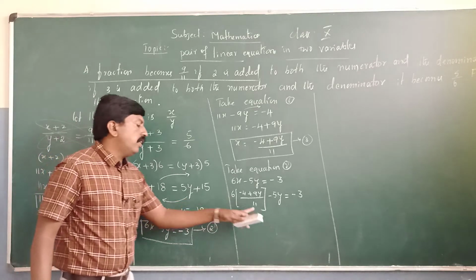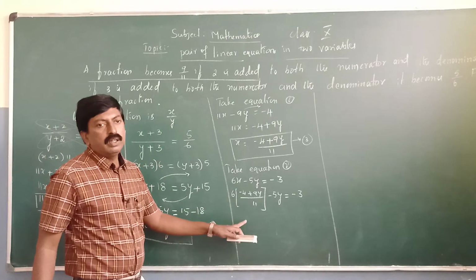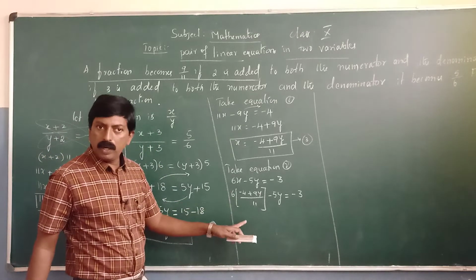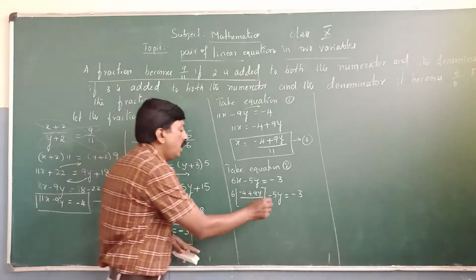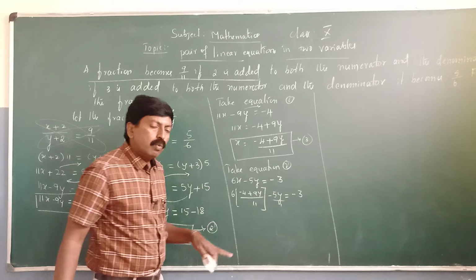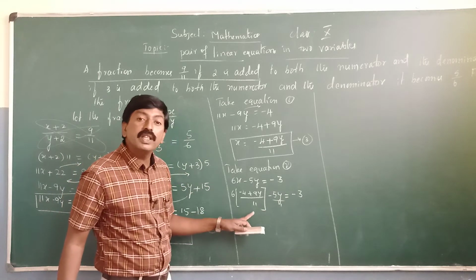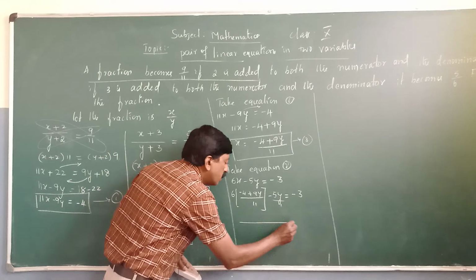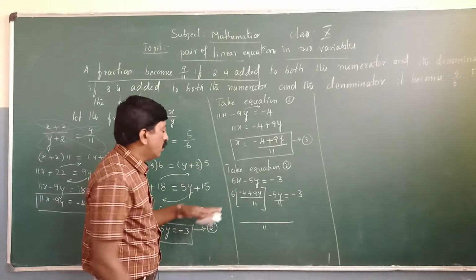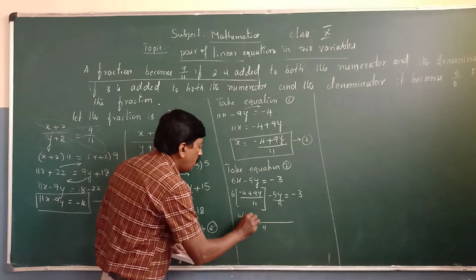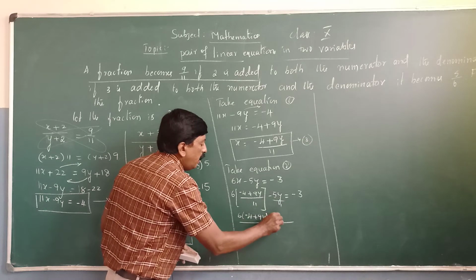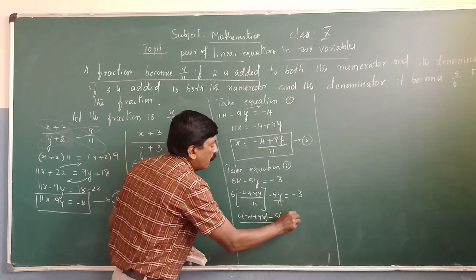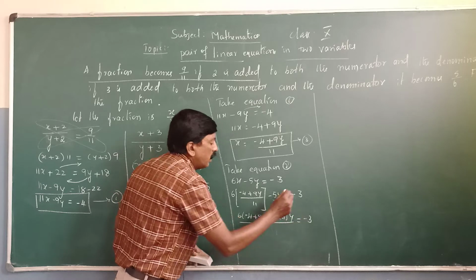Now 6 and 11 cannot be divided because there is no common multiplier. So take the LCM. In the denominator, for 1 and 11, 11 is the LCM. So 6 times (minus 4 plus 9y) minus 5 into 11 into y is equal to minus 3.